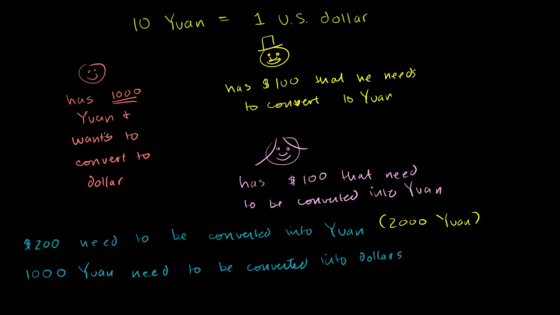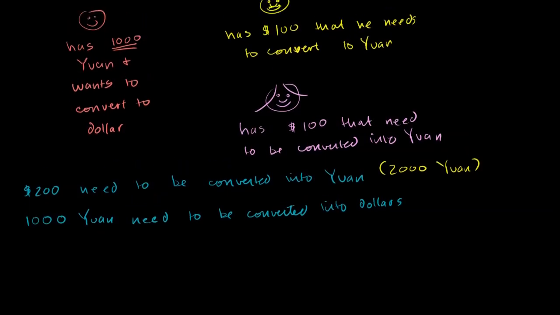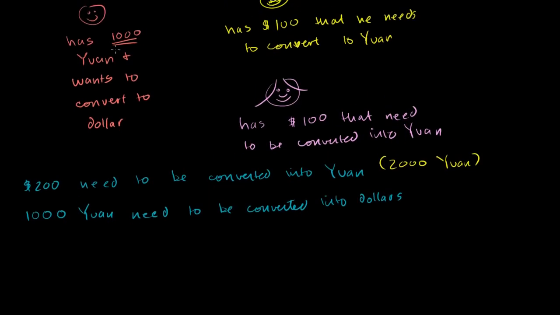So you can imagine this guy over here, maybe he wants to do it slowly just to see what the market is like. So let's say at first he puts 10 yuan up for bid. You could view it either way. You could say that maybe one of these people put $1 up for bid, and this guy is bidding on that dollar in terms of yuan. Or this guy is putting yuan up for bid, and these guys are going to bid on it in terms of dollars.